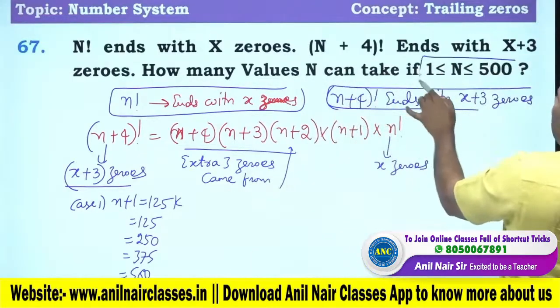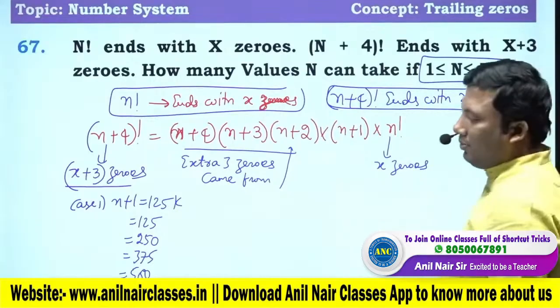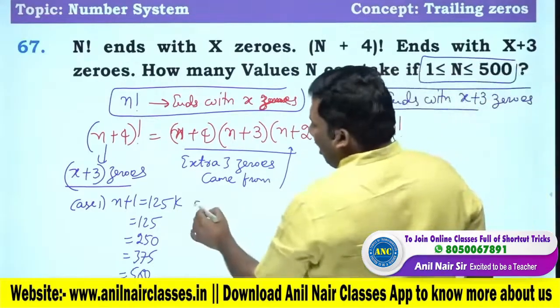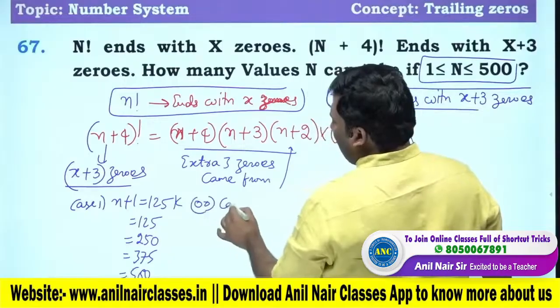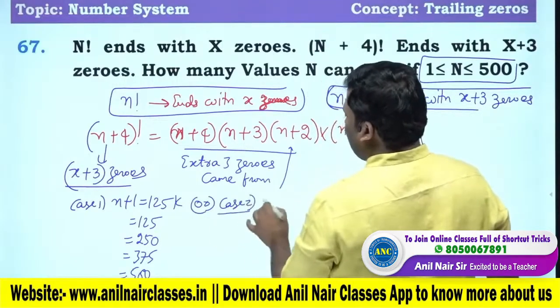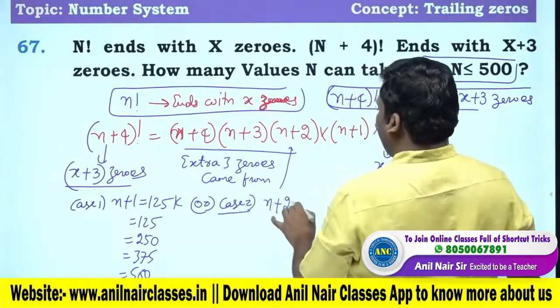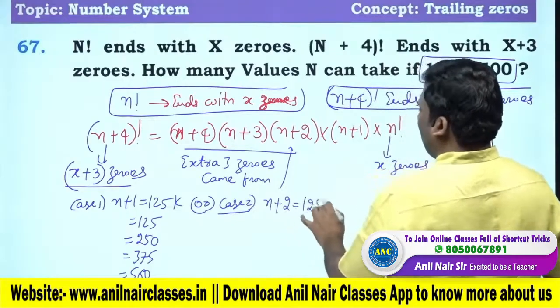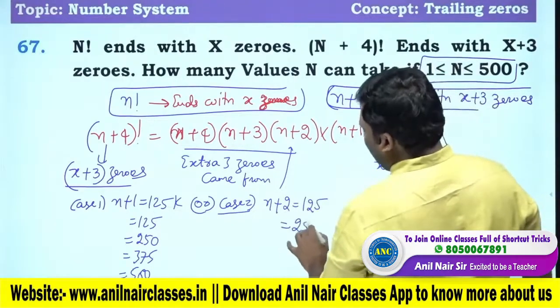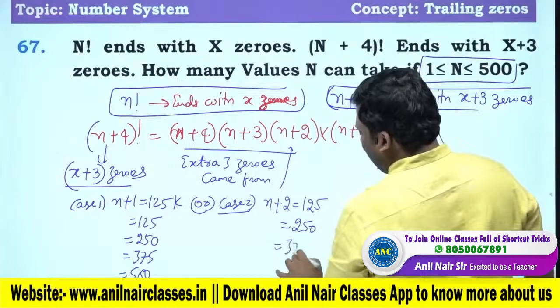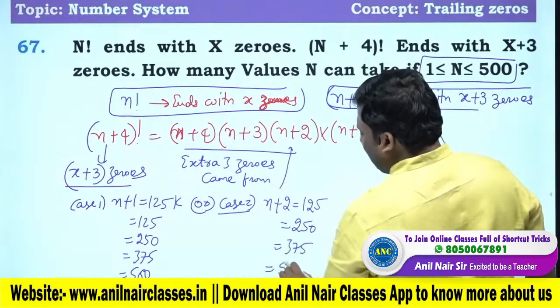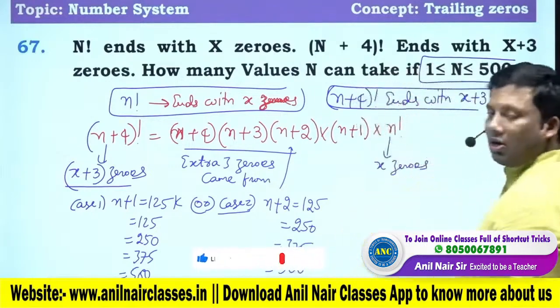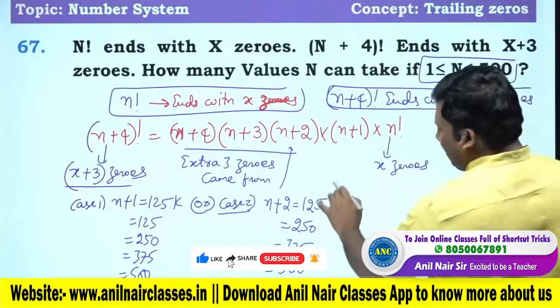N is ranging from 1 to 500. Case 2: the 3 zeros can come because of n plus 2 also. It can be 125, 250, 375, 500, and n value can be 498.